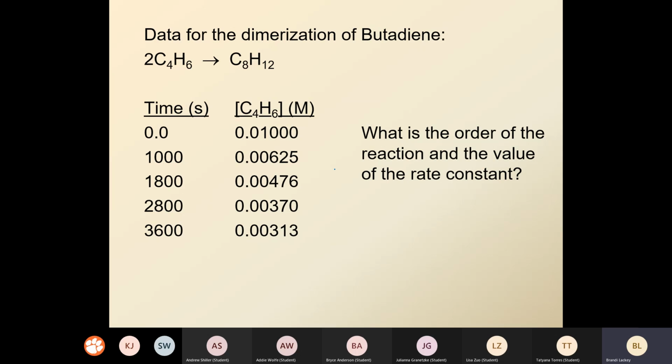So remember that we said k is our rate constant. The easiest way to do this is to graph it. This is where we need the calculators, or if you don't have a graphing calculator, you can use Excel or Google Sheets, and I'm going to walk you through this using both a graphing calculator and Excel at the same time.